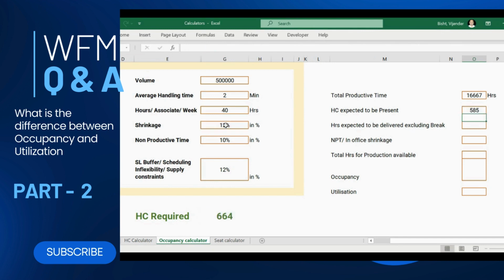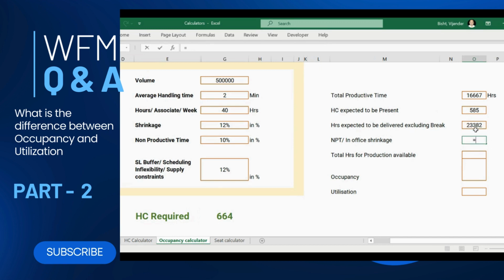Now we have 664 headcount, out of which, assuming 12% absenteeism, we will have 585 headcount. Now these 585 headcount are expected to give me, excluding breaks, 40 hours in the week, which means 23,382 hours.